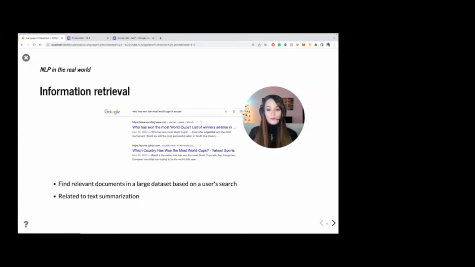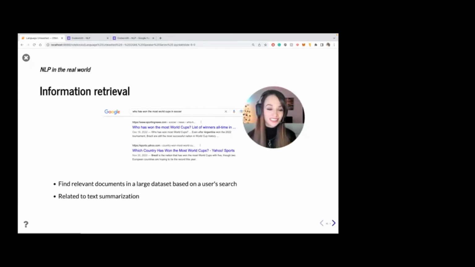The next example is information retrieval, which is how Google made the big bucks back in the day. Google is constantly crawling the web and getting an archive of everything that is available on the web.